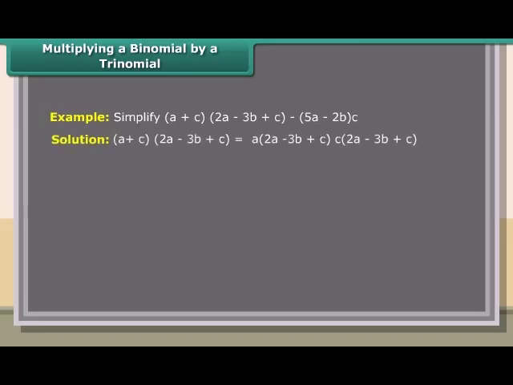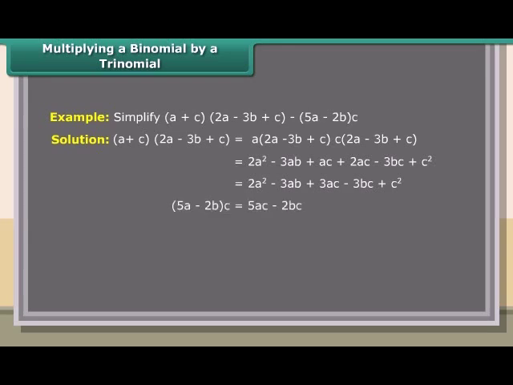Solution: (a plus c) into (2a minus 3b plus c) is equal to a into (2a minus 3b plus c) plus c into (2a minus 3b plus c), which is equal to 2a square minus 3ab plus ac plus 2ac minus 3bc plus c square, which equals 2a square minus 3ab plus 3ac minus 3bc plus c square.